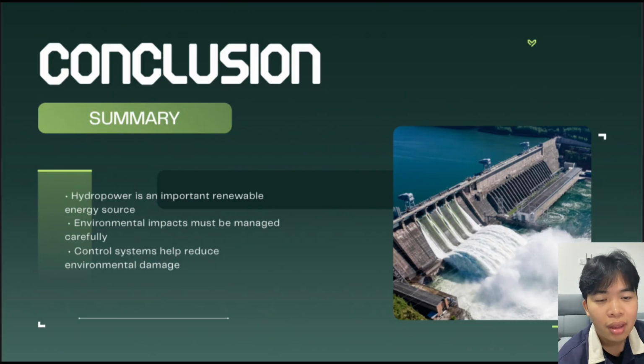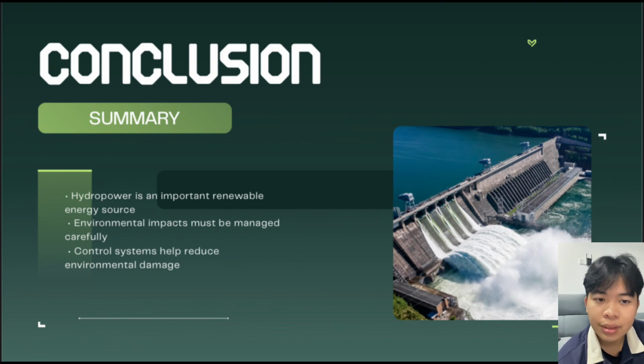This system can help reduce the negative effects of hydropower plants on the environment. Overall, hydropower remains a reliable and sustainable energy source, but it must be carefully planned and managed to ensure that environmental impacts are minimized.